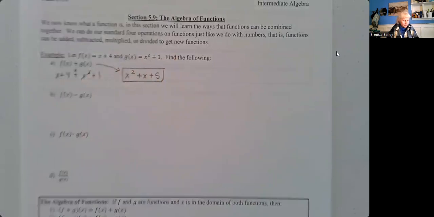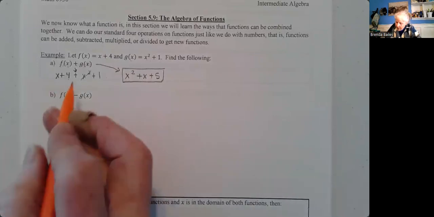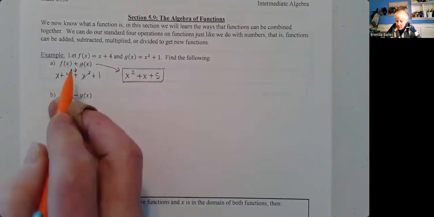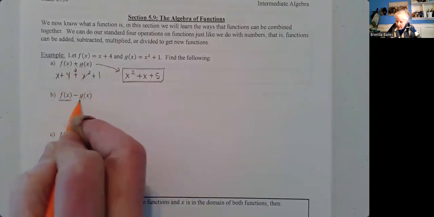All right. Let's look at another one. How do we subtract them? Now you have to be really kind of careful about the subtraction because when you subtract, just like when we had the polynomials, we had parentheses around them and we had to change the sign on the following polynomial. Well, this is going to be the same thing. What I'm going to do with subtraction that I did not do with addition is I'm going to use parentheses around both of these.